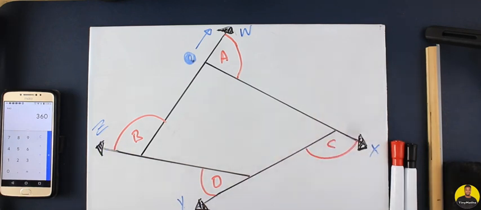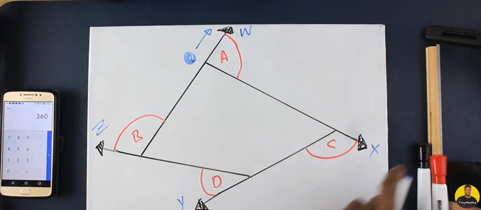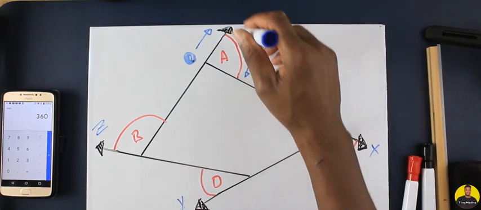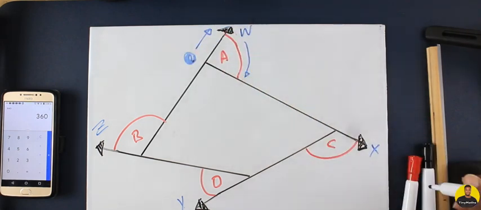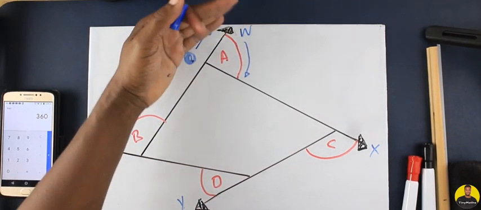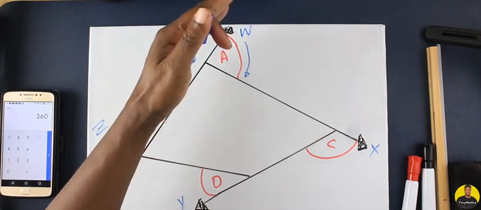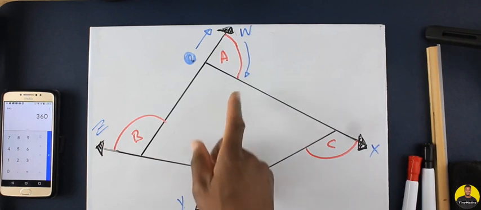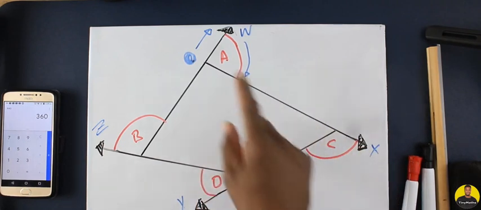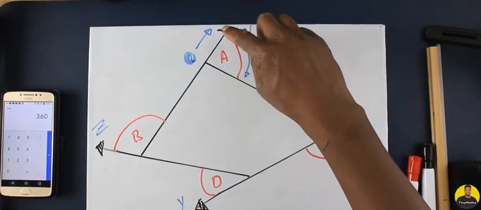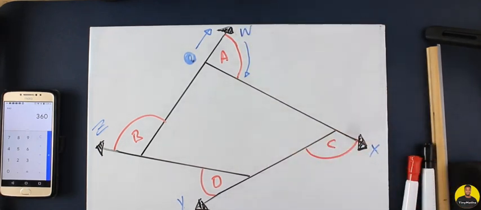Now if you're pointing in the W direction, then you decide to turn around this way and face that direction, that means you've turned at the angle of A. So when you're facing X, you've turned as much as A. By turning the angle A, it makes you face X.